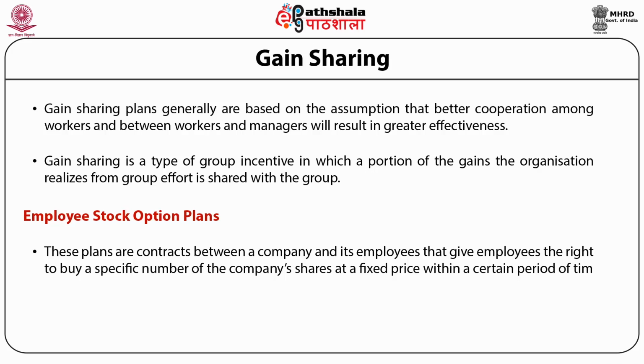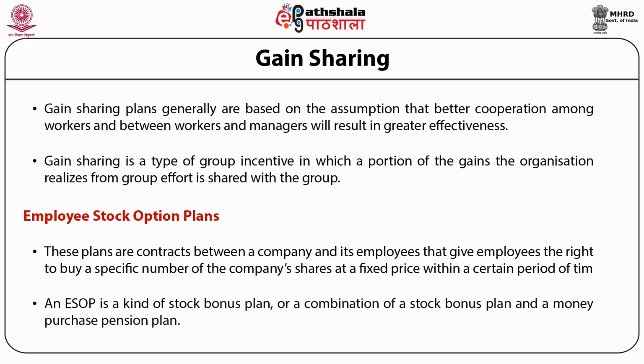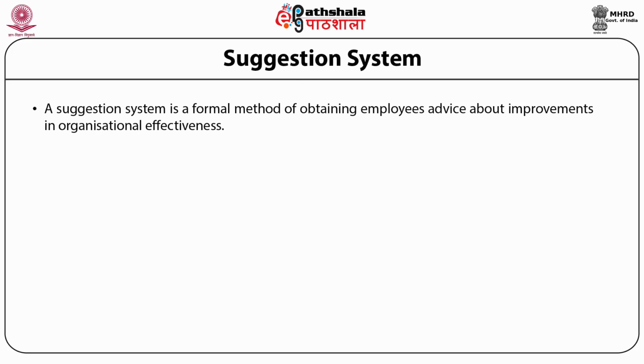An ESOP is a qualified defined contribution plan in that the employer makes yearly contributions that accumulate to produce a benefit that is not defined in advance. Technically, an ESOP is a kind of stock bonus plan or a combination of a stock bonus plan and a money purchase pension plan.